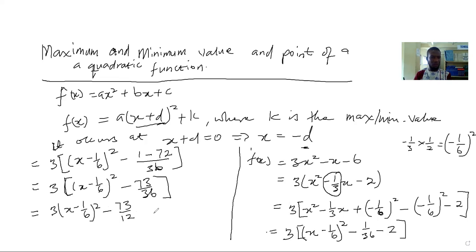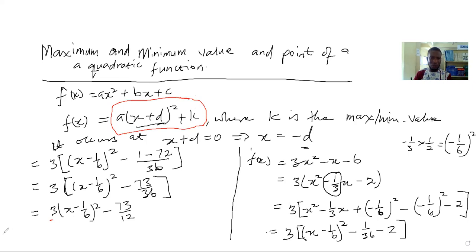At this level, we have now expressed the question, which is f of x equals 3x squared minus x minus 6 in this form. Let's use another color. In this form. We'll now express it in this form now. So here it means that our a is 3, our d is negative 1 over 6, and then our k is negative 73 over 12.